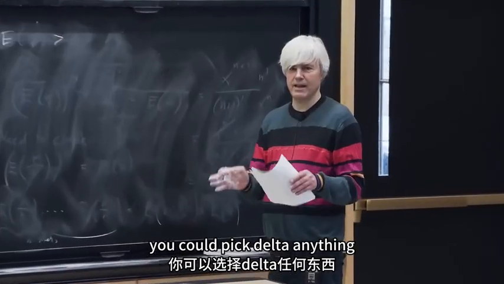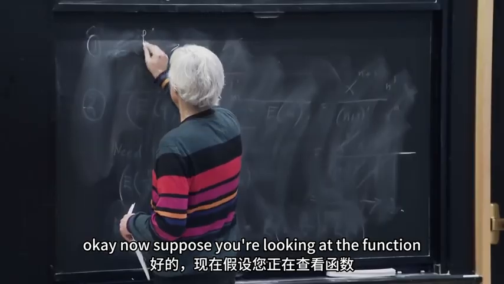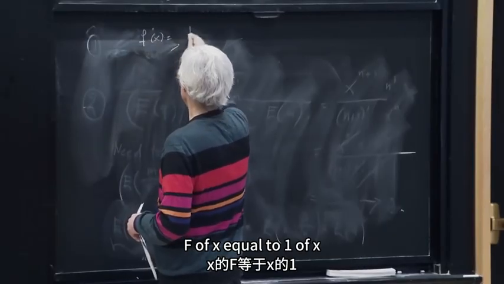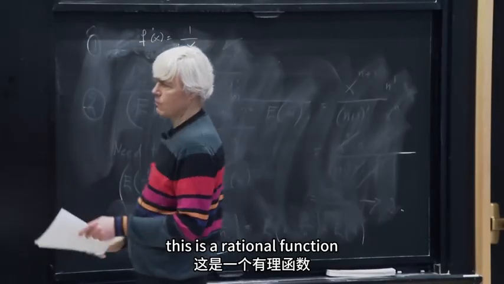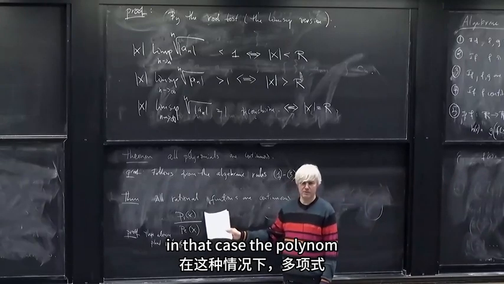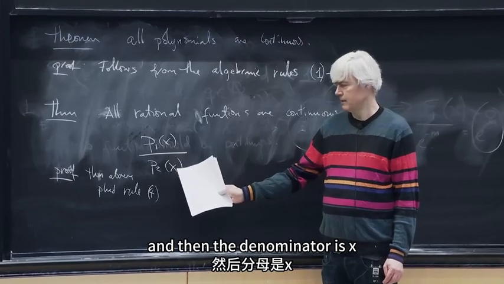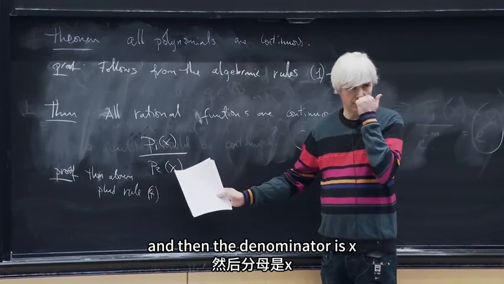You could pick delta anything. Now, suppose you're looking at the function f of x equal to 1 over x. This is a rational function, where the polynomial in the numerator is the constant function 1, and in the denominator is x.